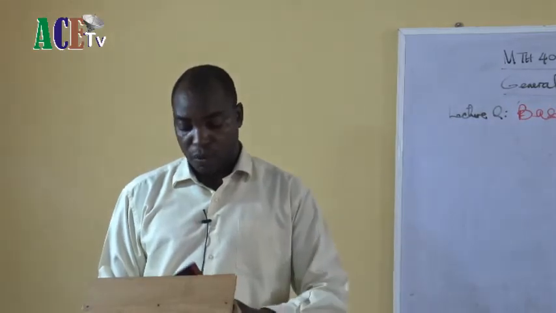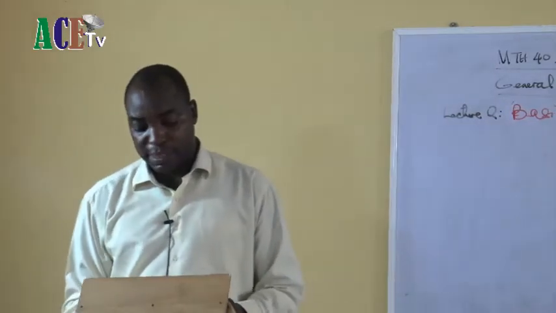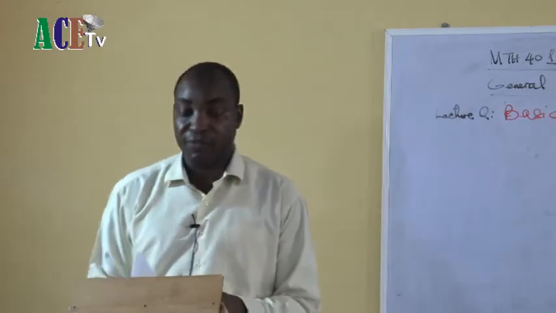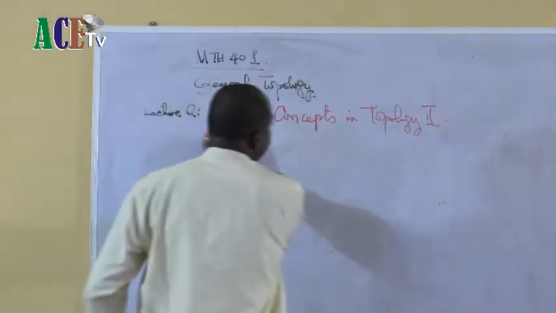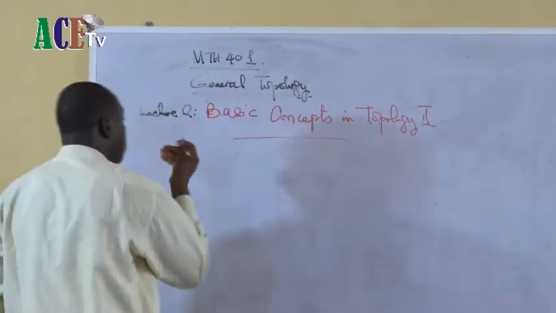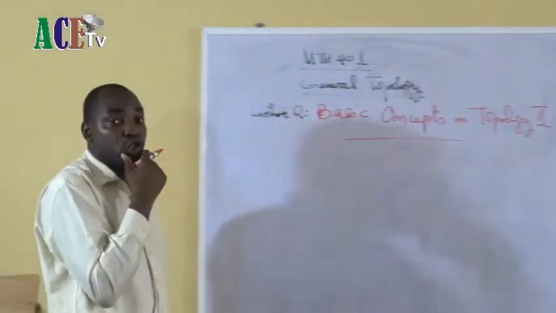So we want to take a look at some definitions. Number 1, here we want to look at what we call a closure point.